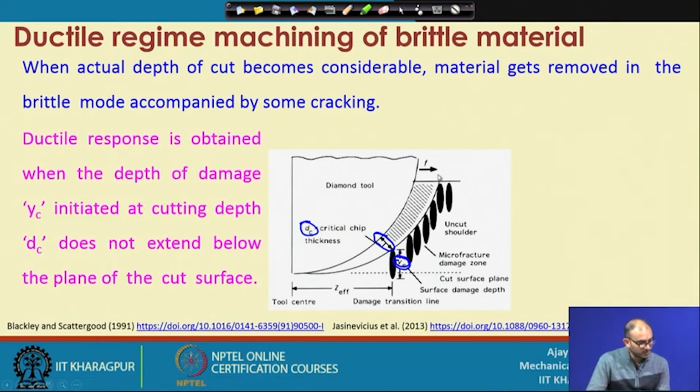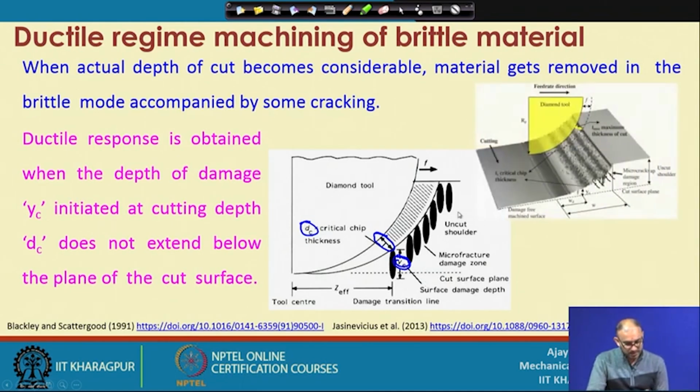So, a ductile response is obtained when the depth of damage YC, initiated at the cutting depth DC, does not extend below the plane of the cut surface. That is our objective. If you cut within the ductile regime, there is a high chance that this YC will not cross the surface. And now, this is the 3D view of this image.